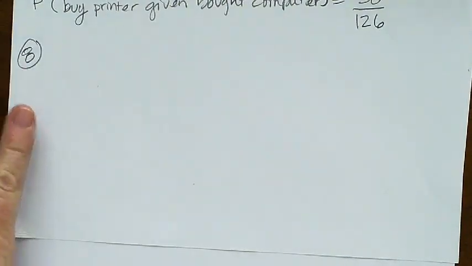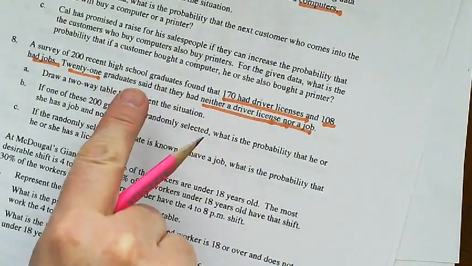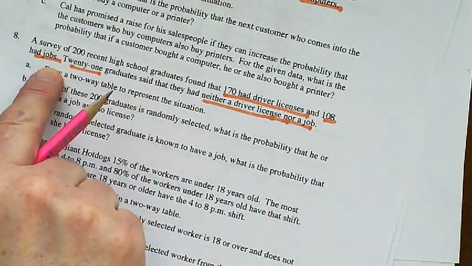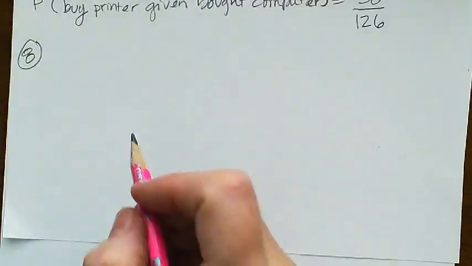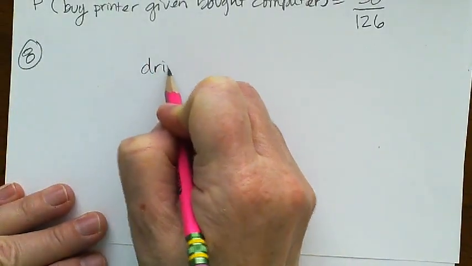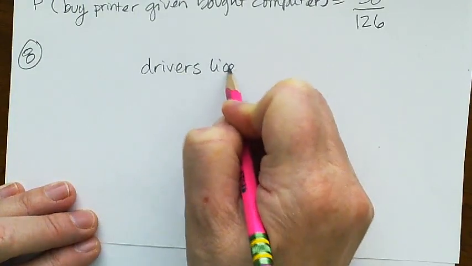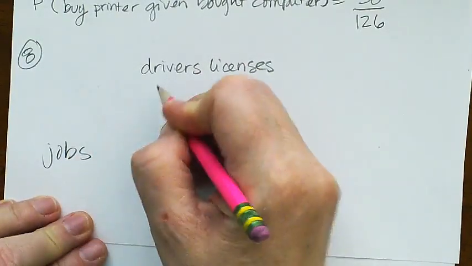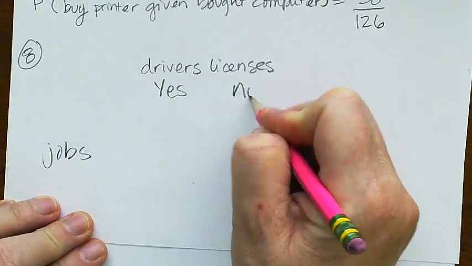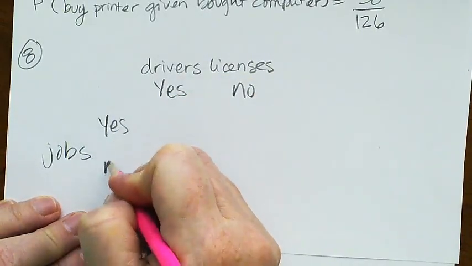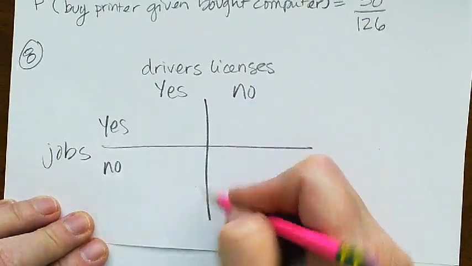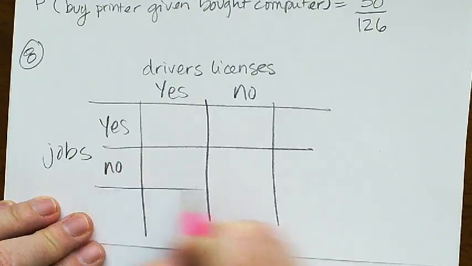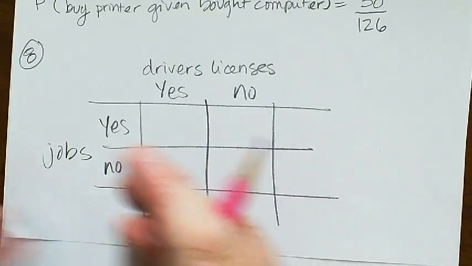Okay, so we are dealing with 200 high school graduates, people who have driver's licenses, and people who have jobs. So let's do driver's licenses and jobs. Okay, we'll do a yes and no for driver's license and a yes and no for job. And I know there's 200 total, right?